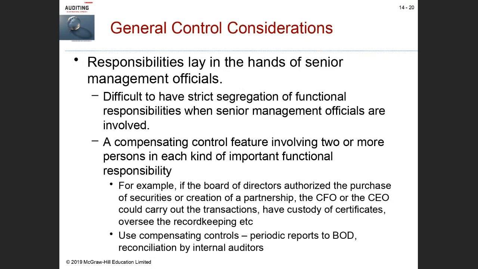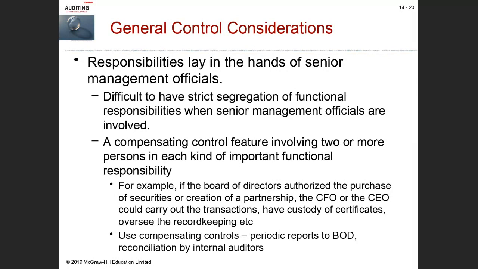As I've just been discussing, when we look at general controls here in PowerPoint 20, it states responsibilities lay in the hands of senior management officials, the people at the top. It's difficult to have strict segregation of functional responsibilities when management officials are involved. Why is it difficult? Because there's only a small number of people.